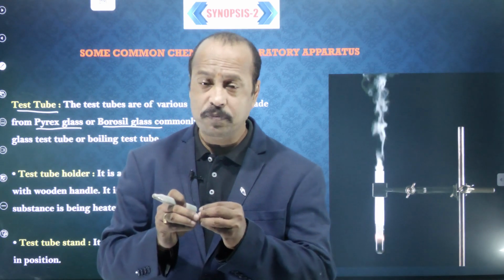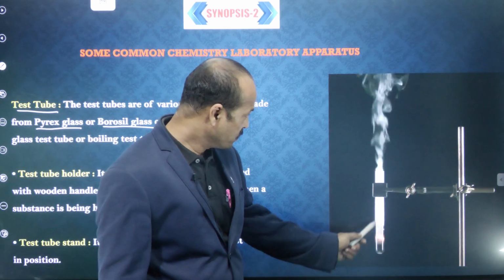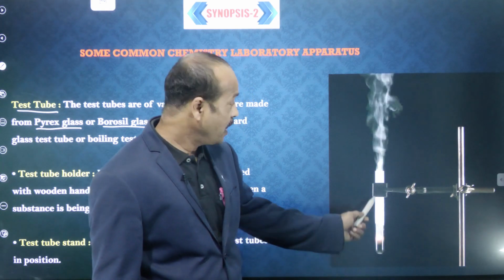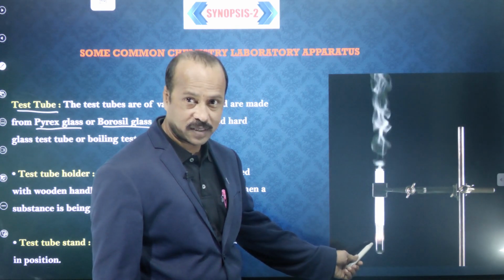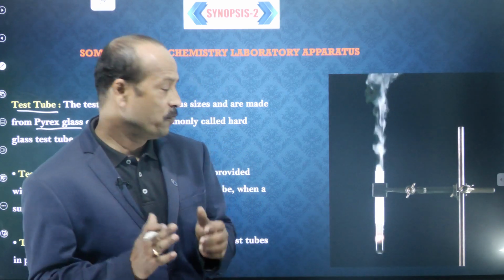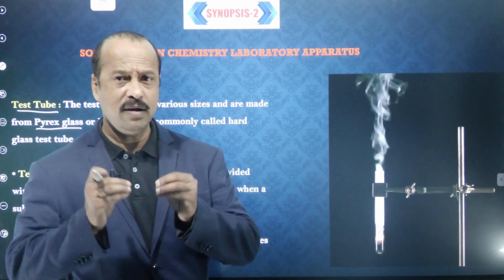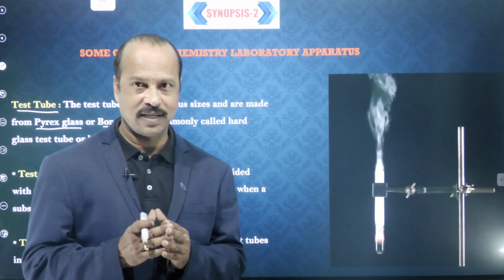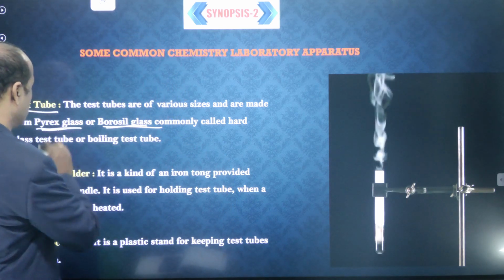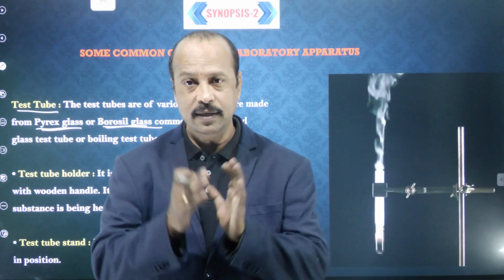In the test tube we can do so many things, right? If some reaction is taking place here and it becomes very hot, then to prevent breakage the test tube is made of hard, strong glass. So generally borosilicate, borosil or Pyrex glass is used to make test tubes.